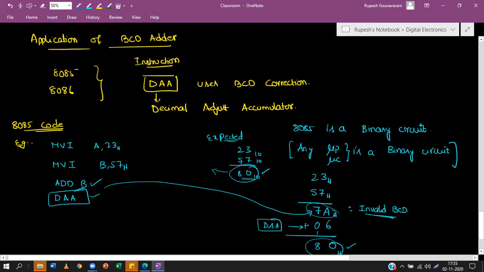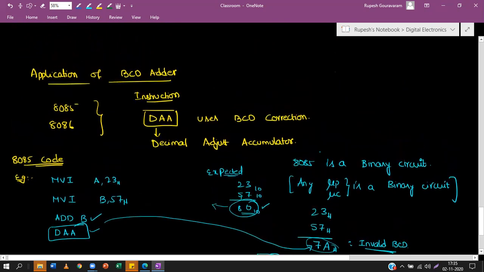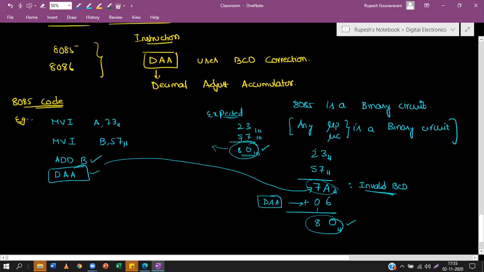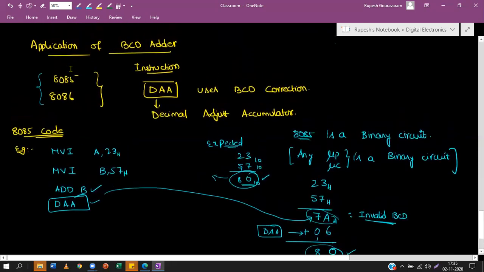DAA is useful because microprocessors and microcontrollers use BCD addition, so we have to add plus 6. Every 8085 and 8086, these are microprocessors, and various other microcontrollers also use BCD adders. So this is one of the applications of BCD adder. Okay, we'll stop here.